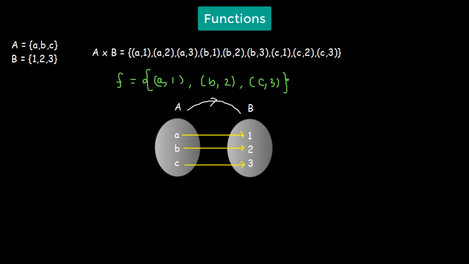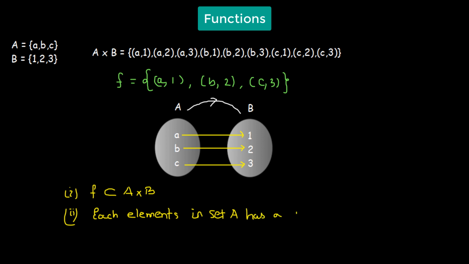The first conclusion that we can draw is that our relation F is a subset of the Cartesian product of A and B. Secondly, we also see that each element in set A has a unique image in set B.